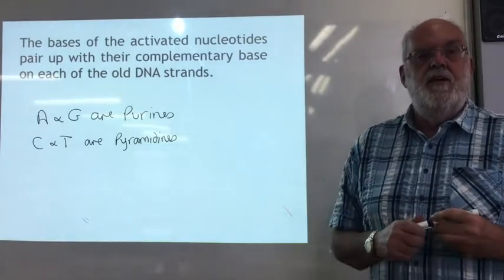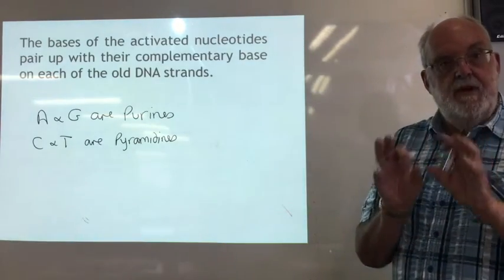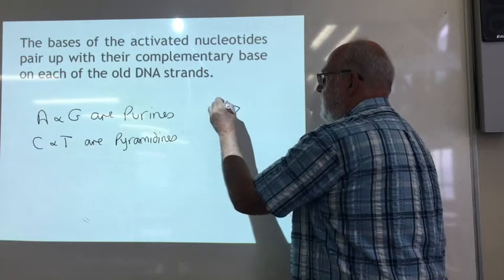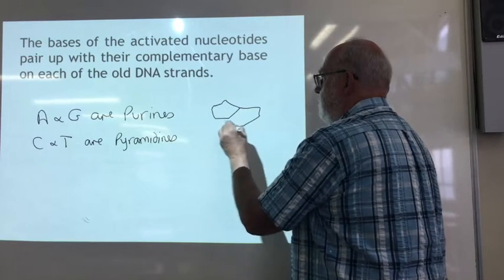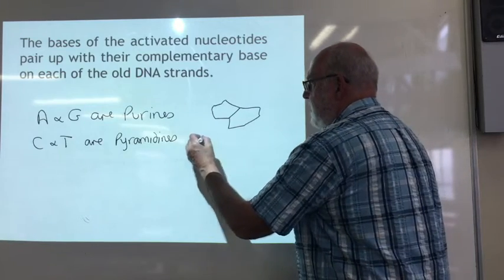Structurally, purines and pyrimidines are different. Purines are basically a double ring of carbons stuck together. Pyrimidines are a single ring of carbons.